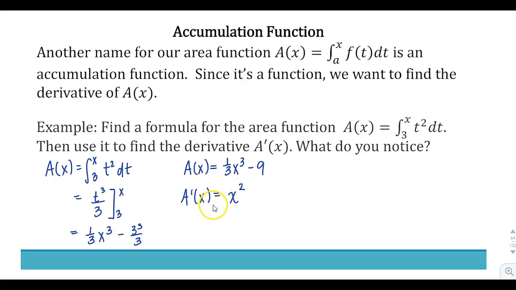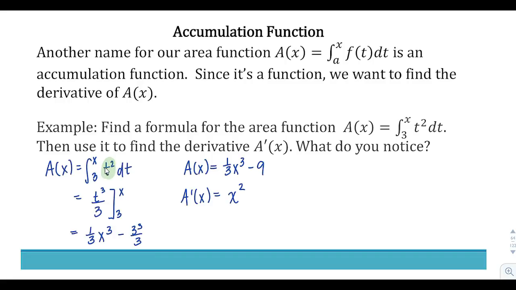So we found the derivative, and now we want to see, well, what do we notice? If we take a look at our original area function, our accumulation function written as a definite integral, the integrand was t squared.